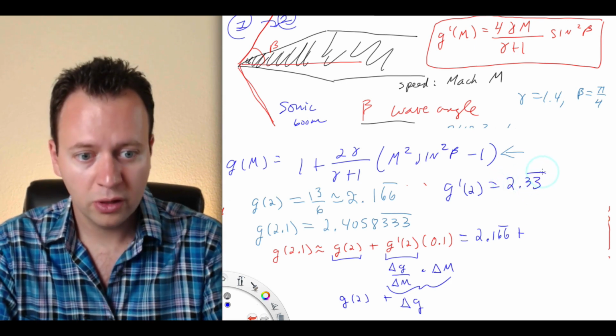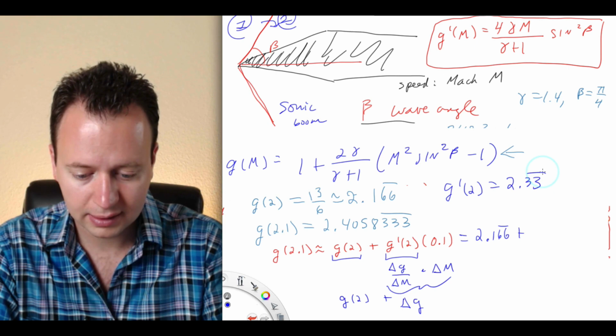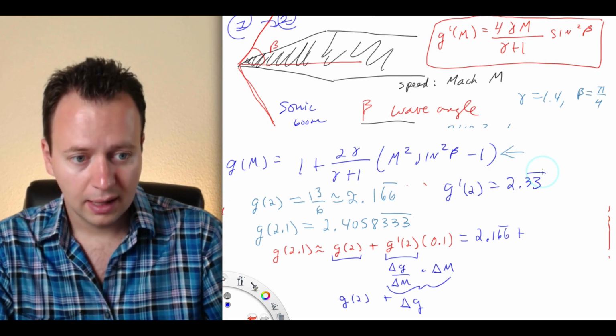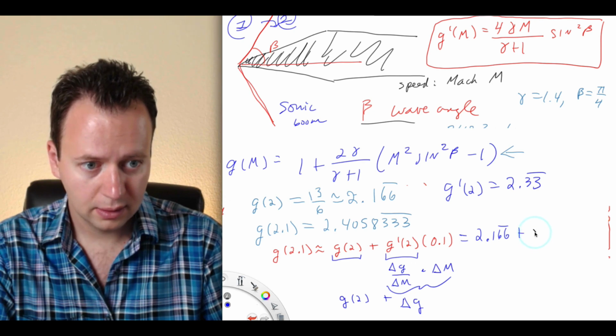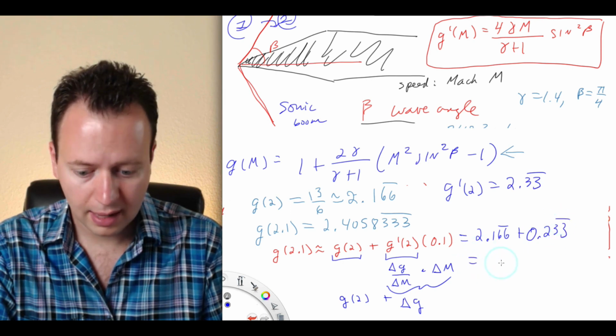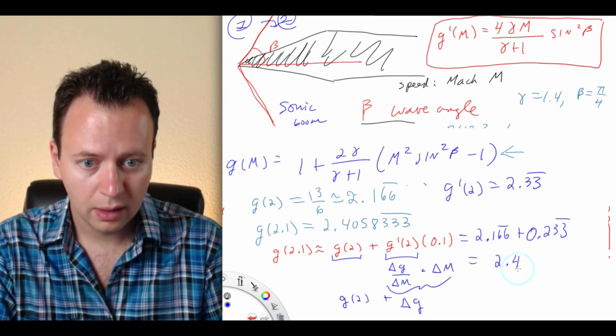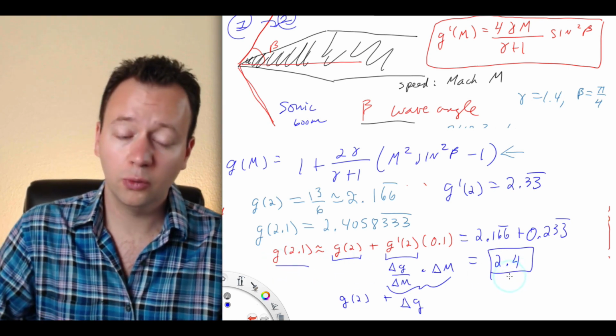So 2.33 repeating times 0.1, and now I'm going to add that to 2.166666666, plus 0.233 repeating, and that gives me 2.4. So my approximate value of g of 2.1 was 2.4.